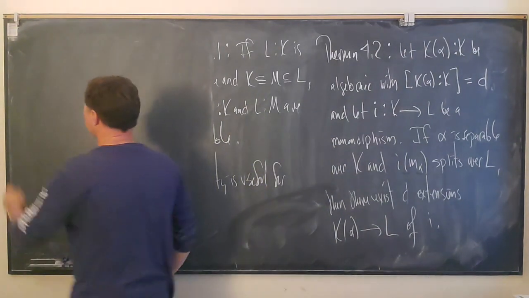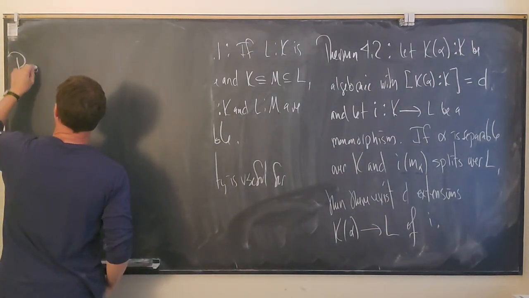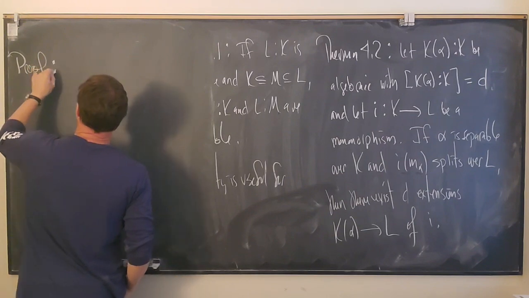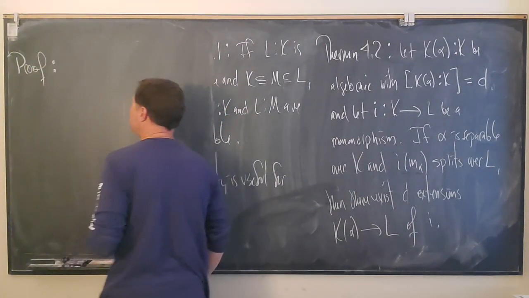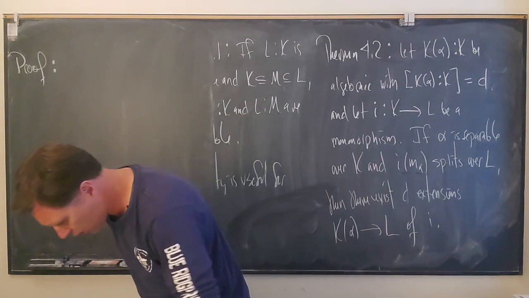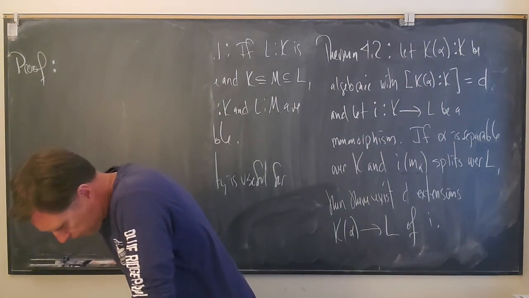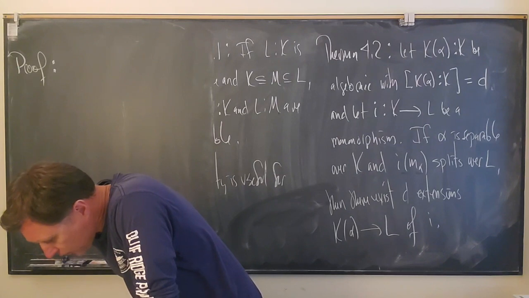Okay, so for the proof, like I said, we do have a sense of how many extensions there are from a previous theorem. In fact, this was from corollary 2.6.